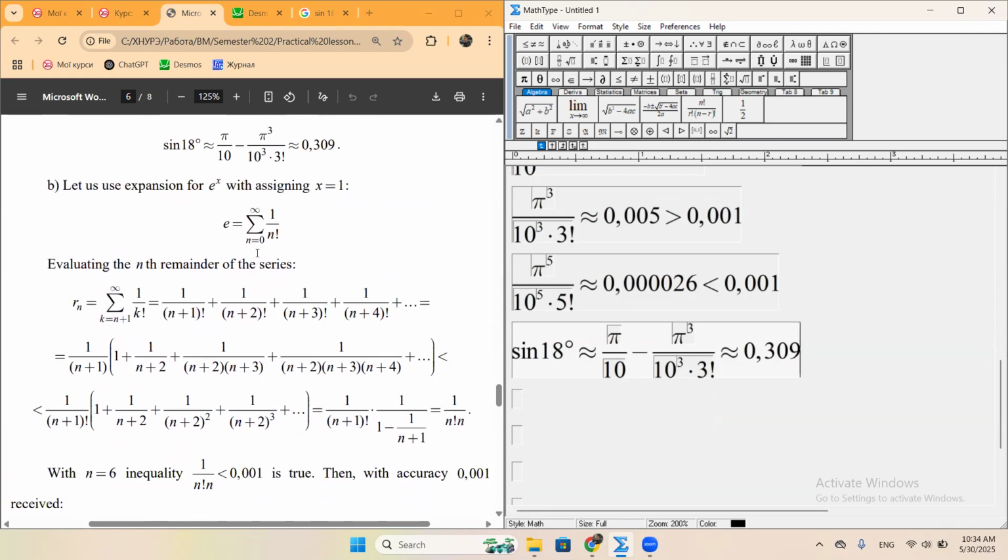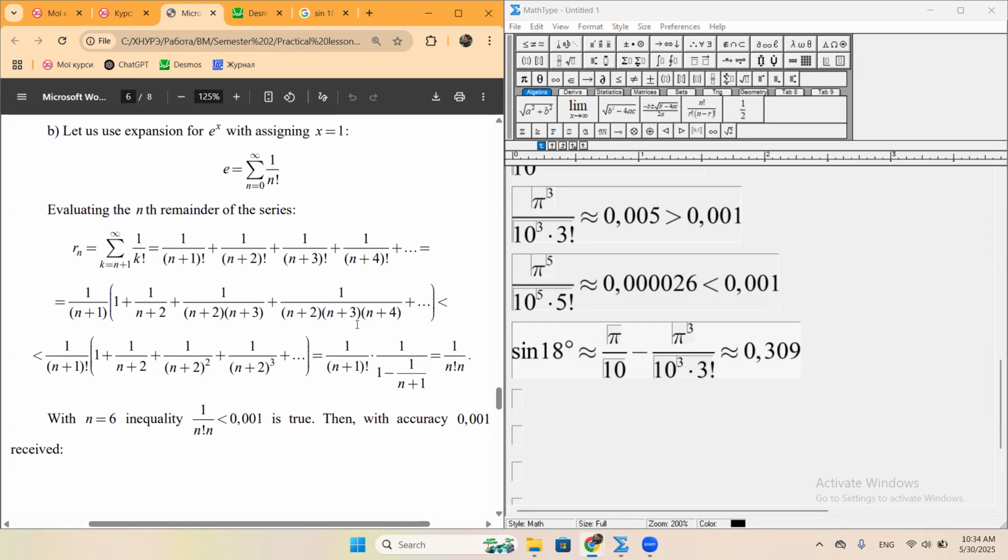So we have the following series, and to simplify the work, we just evaluate the nth remainder of the series. So the remainder looks like this, and it is less than 1 over n factorial times n.